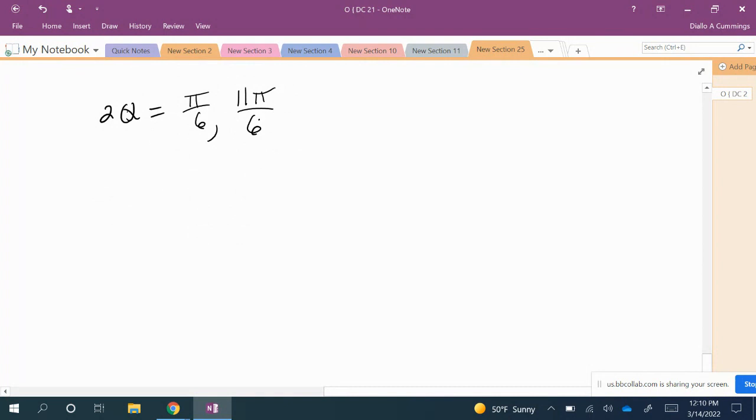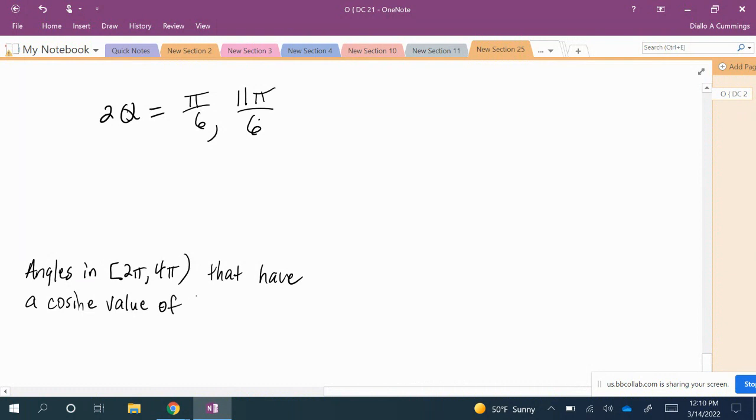So I'm going to write this down here. These are angles in the interval from 2 pi to 4 pi that have a cosine value of square root of 3 over 2.